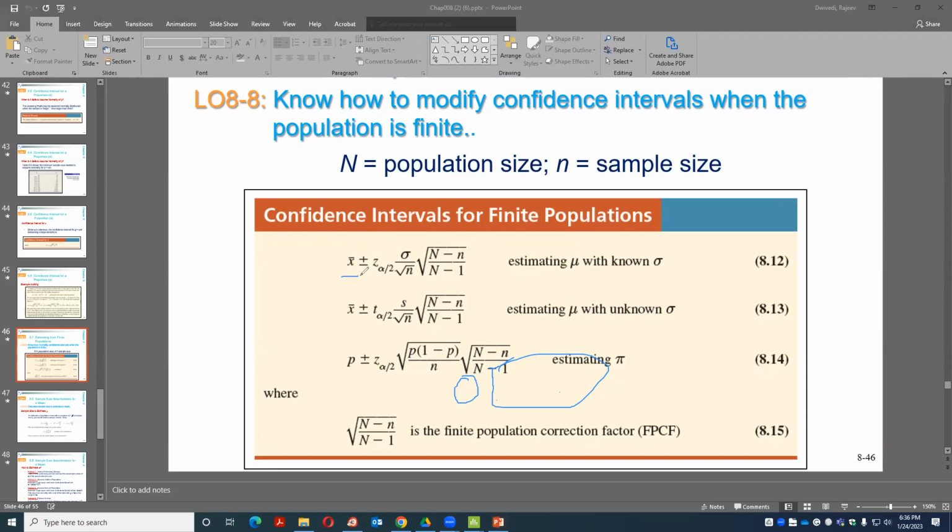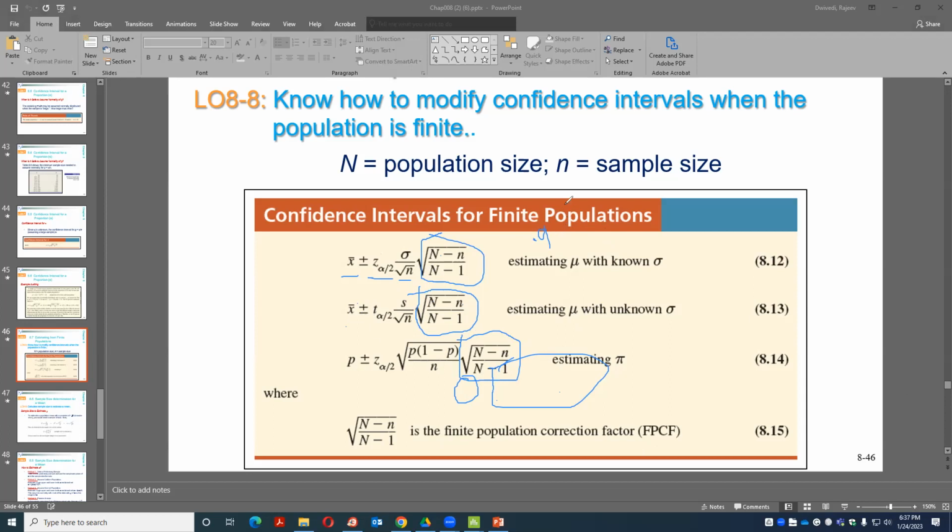Whatever value you get, it is multiplied by about 0.9 something, I don't remember exactly. It is also included for the t value and for proportion, if the question has this.